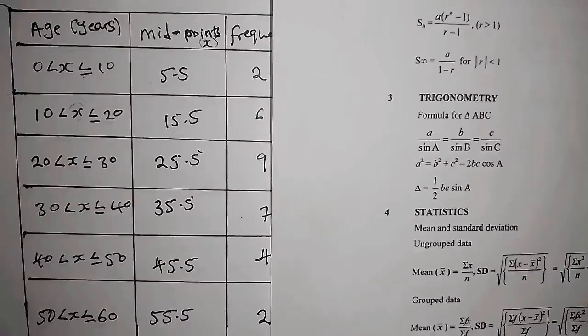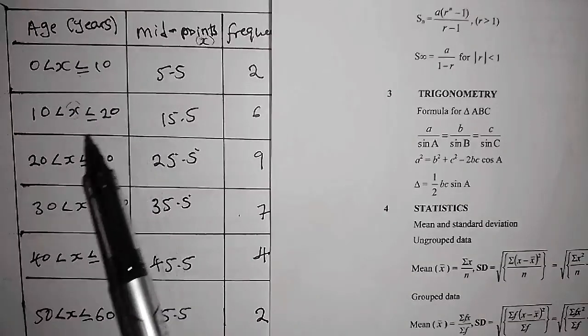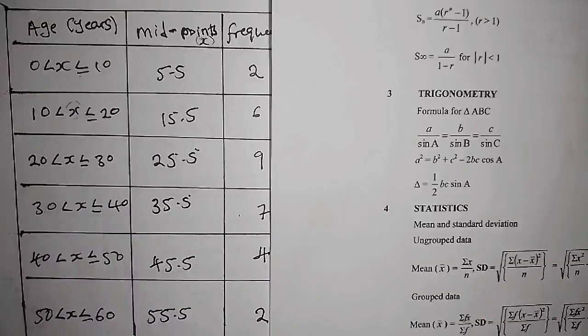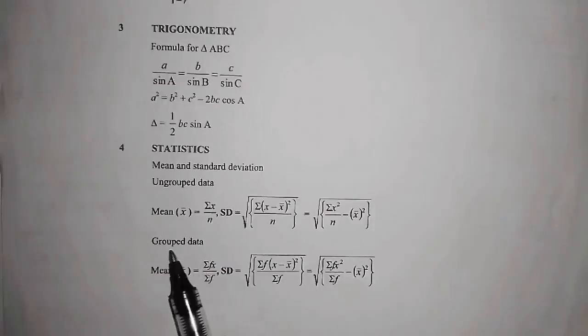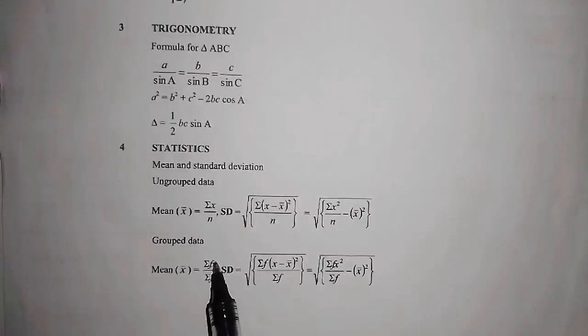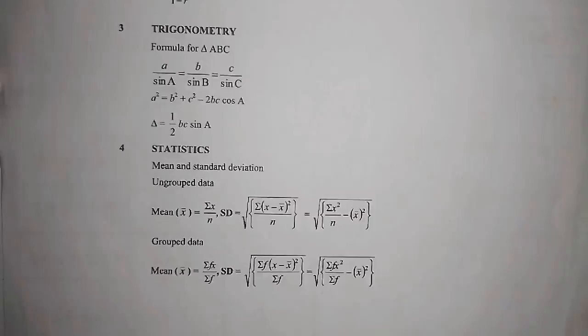So this is what is called grouped, from 0 to 10, from 10 to 20, from 20 to 30, just like that. So the formula that we must look for is under grouped data. They have said the mean is the sum of f times x divided by the sum of f. So what they mean there is this.